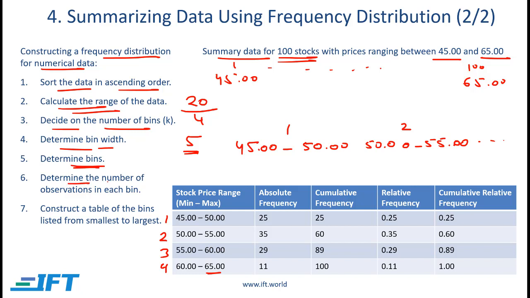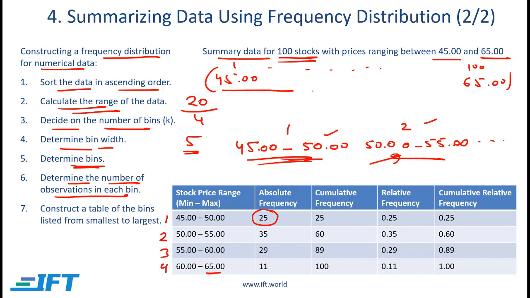Then we determine the number of observations in each bin. So we have this data. We look at all the numbers that go from 45 to just under 50. Those will go in the first bin. So in our example, we have 25 observations that are in the first bin.